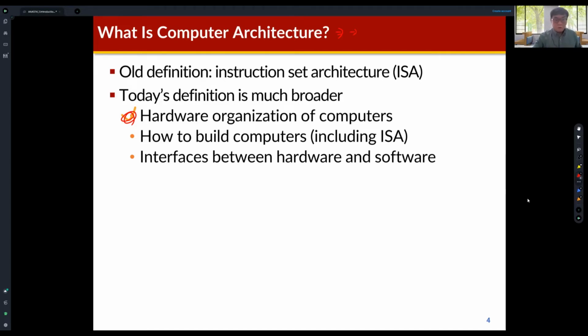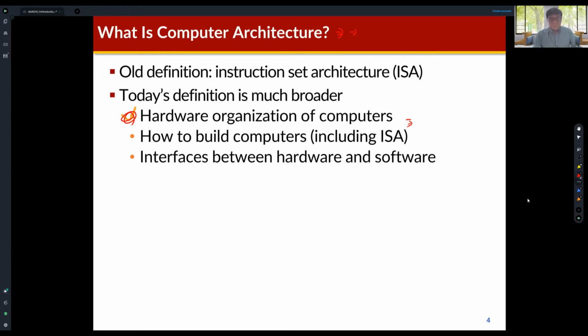As you know, processors, memories, and peripherals such as the I/O systems are all hardware. So if we say we are working on computer architecture research, it means the hardware organization of computers. That is the traditional meaning of computer architecture research.